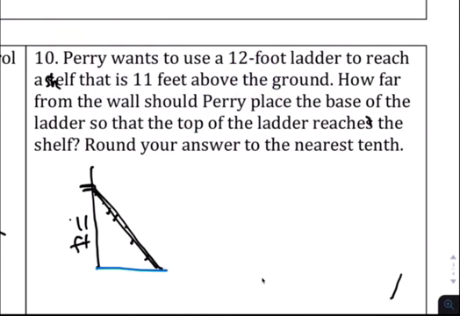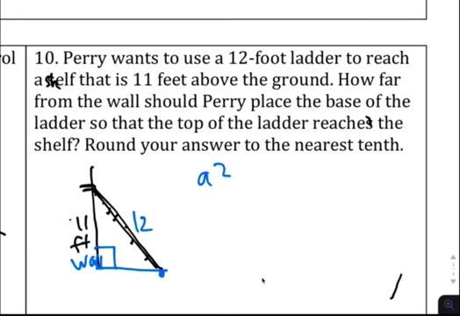How far from the wall? Here's the wall. Should Perry place the base of the ladder so the top of the ladder reaches the shelf? So how far should this be? Okay, the ladder's 12 feet.